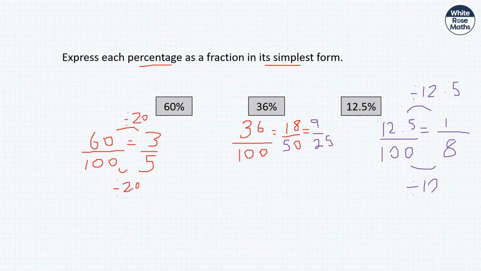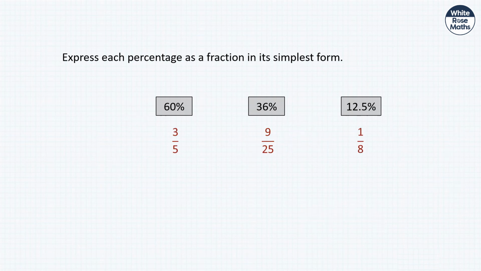But if you weren't sure, then I could have timesed top and bottom by 10, so I get 125 out of 1,000, 125 thousandths. And then from there, I can start simplifying by dividing by 5 and seeing how far I go. But essentially, dividing top and bottom of this by 125 gives us 1/8.